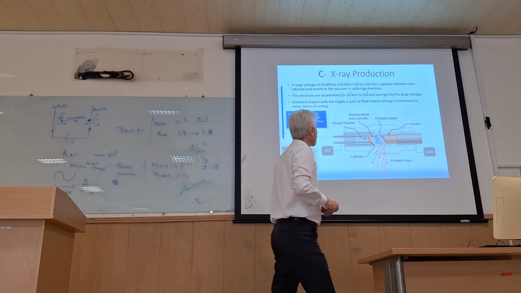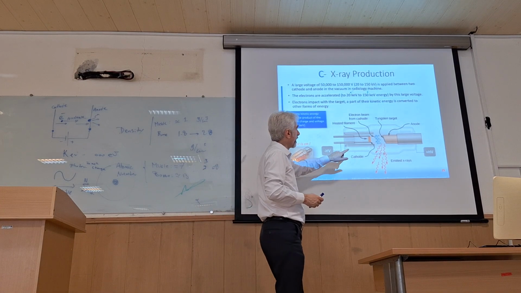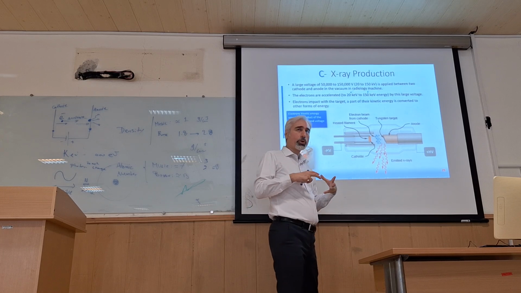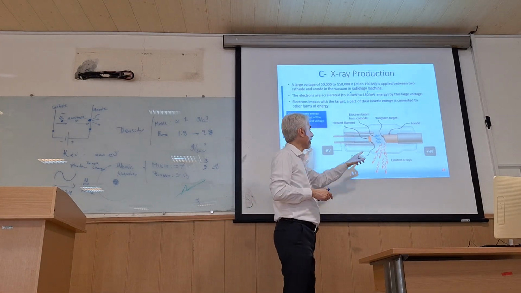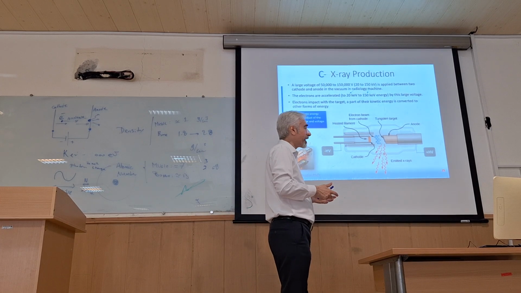So, another picture of the X-ray source. There is a heated filament. When you heat a metal, it will make light and make free electrons.